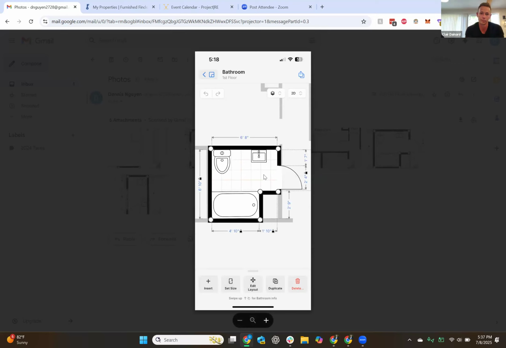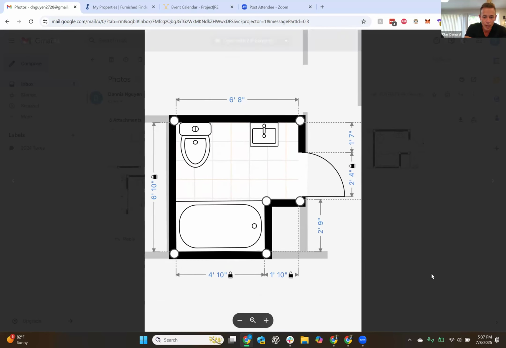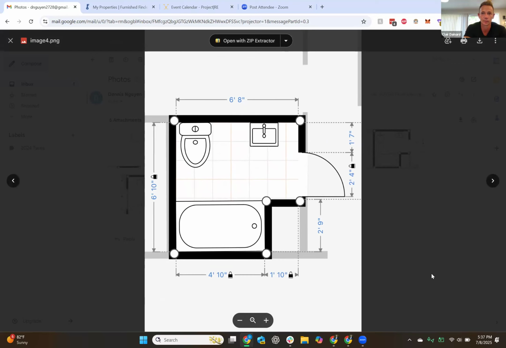This is the bathroom on the right side. Let me zoom a little bit and grab some paint at the same time. Right there, we have 6'8" by 6'10" wide.